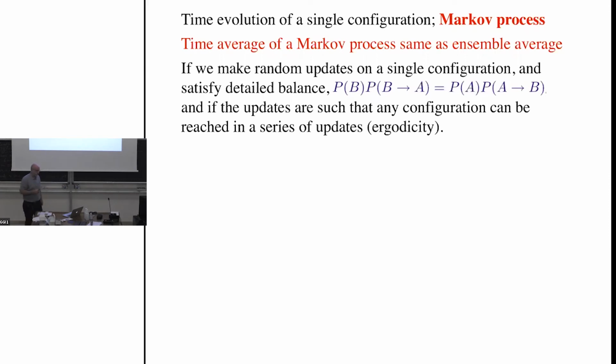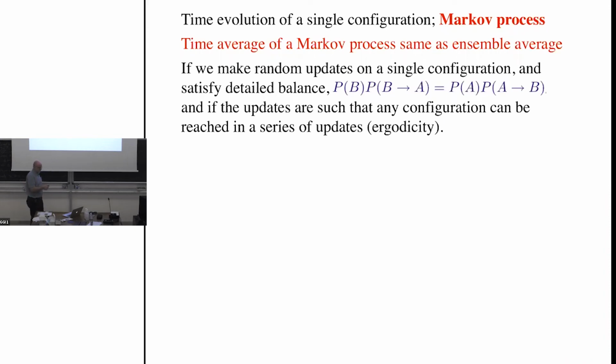So for example, in the Ising model, if we decide that our changes are going to be just flipping individual spins, then you see that from a given configuration, I can only reach n other configurations, right? But if I repeat that many times, then I can, in principle, get from any starting point to any other configuration, by flipping many spins.